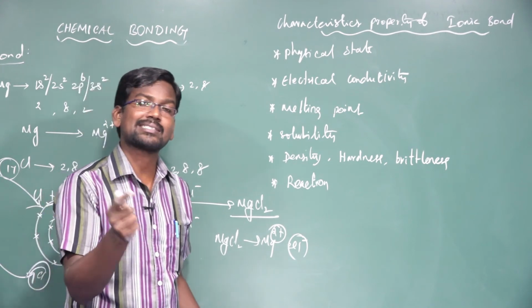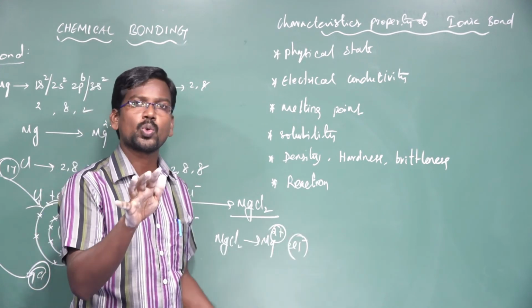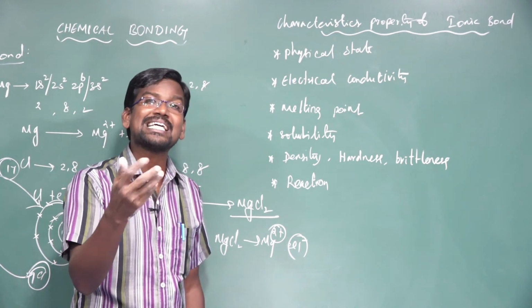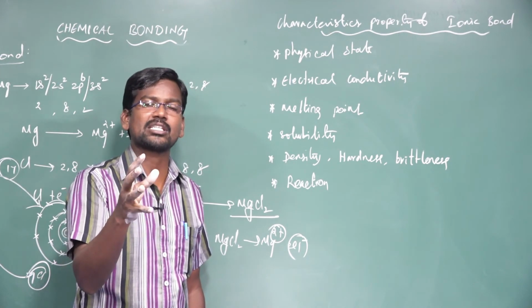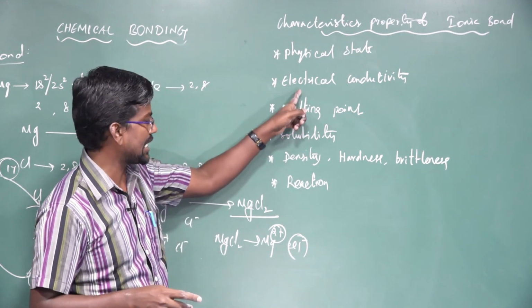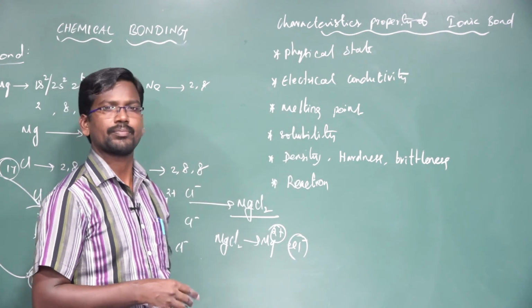That's why ionic compounds in the solid state do not conduct electricity, but in the dissolved, fused or melted state they easily conduct electricity because the ions move freely through the crystal. This is the electrical conductivity.